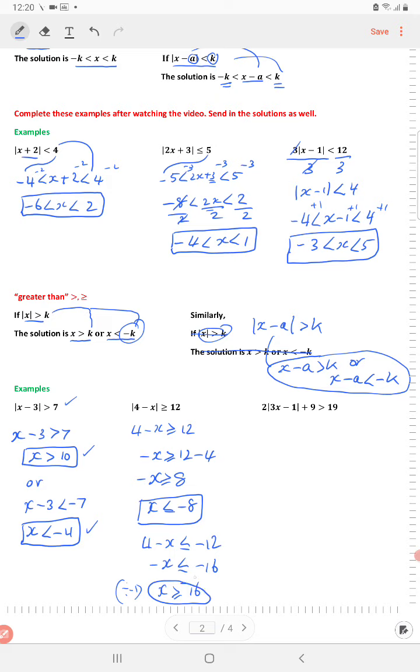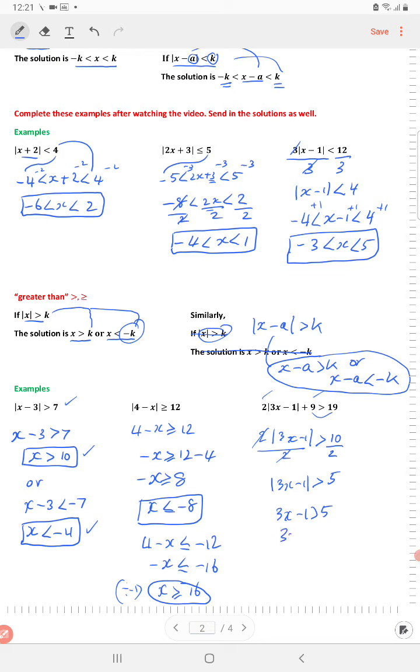Okay, for the next question, we've got a 2 here, we've got a 9, so we need to move the 9 first. So 2 absolute 3x minus 1 greater than 10. Cancel the 2 by dividing by 2. So absolute 3x minus 1 greater than 5. Okay, so either 3x minus 1 is greater than 5 or less than minus 5.